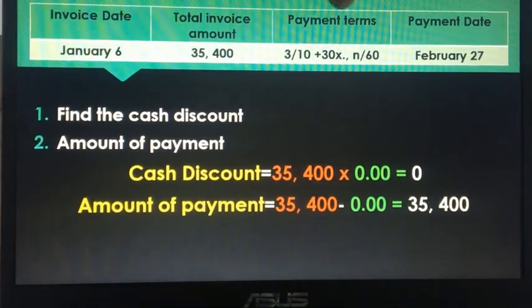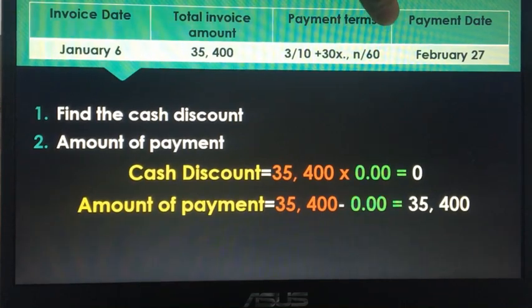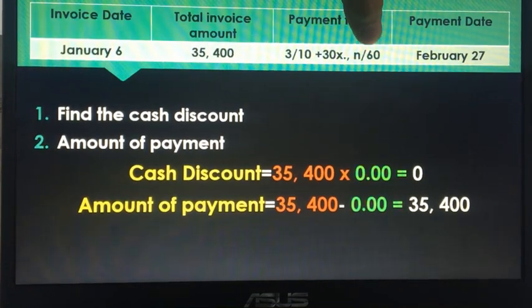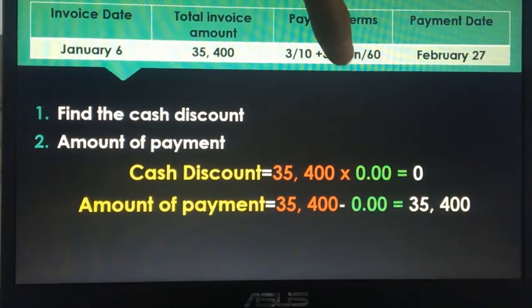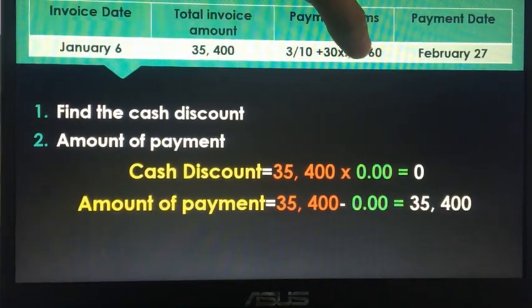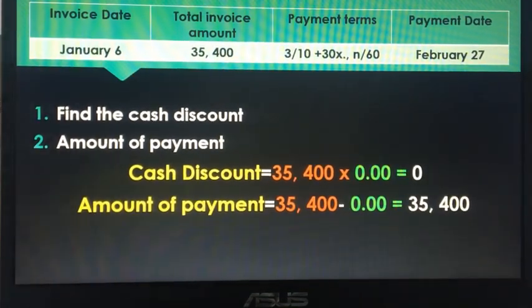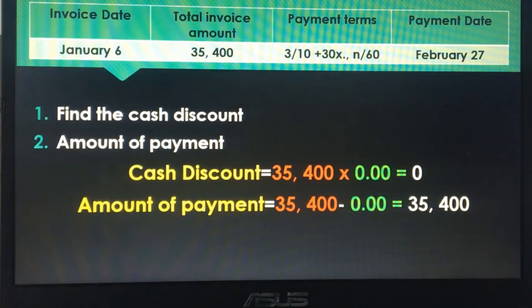So meaning, you are going to proceed here, n/60. Does the buyer fall within the 60 days after the invoice date time period? Yes. Okay. So meaning, the buyer falls under n/60. Again, when we say n, that is 0% cash discount.